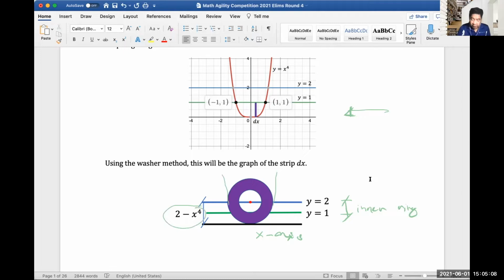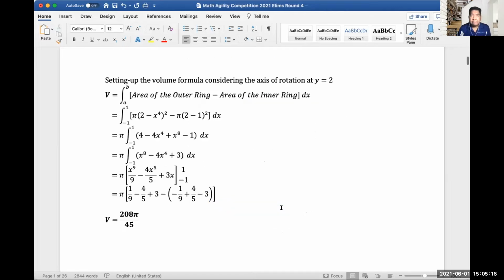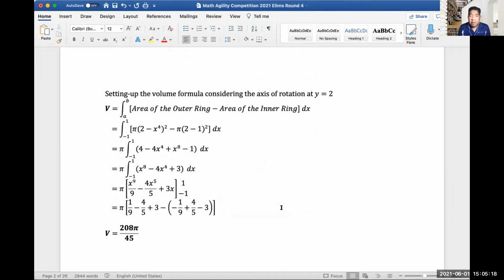Okay. So let's form now the formula for our volume. The volume would be the area of the outer ring minus the area of the inner ring times our strip dx, right? So we say that our outer ring is 2 minus x to the fourth.